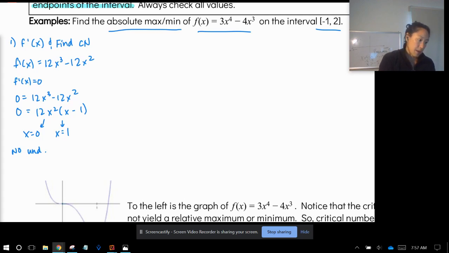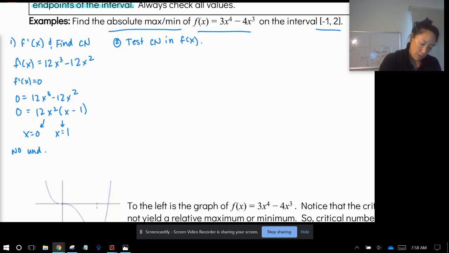The next step is to test the critical numbers. So we're going to test critical numbers in f of x to see which value is the largest and the smallest, okay? Because absolute maxes can happen at any relative max or the endpoint.